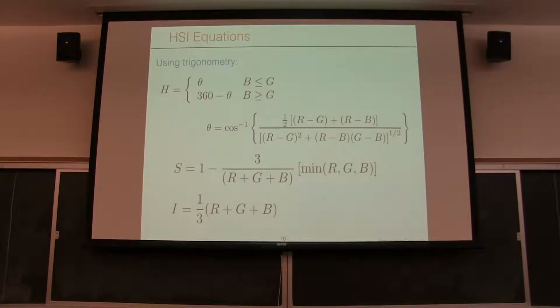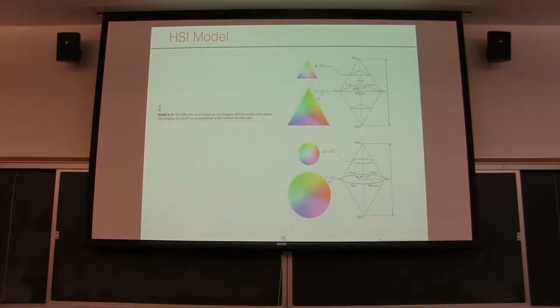There it was a linear transformation, a multiplication by a matrix. Here you see cosine inverse and some minimum functions. This happens because we have this angle going on here.